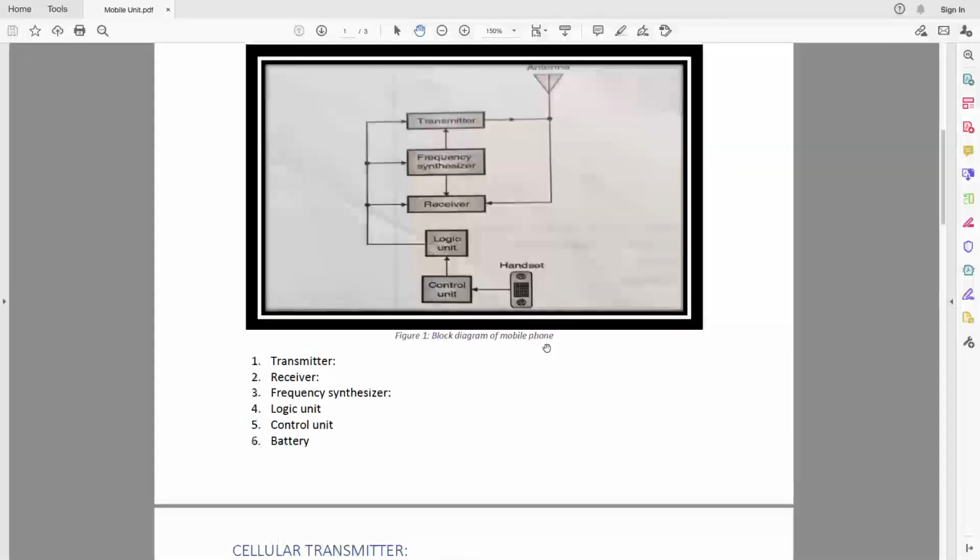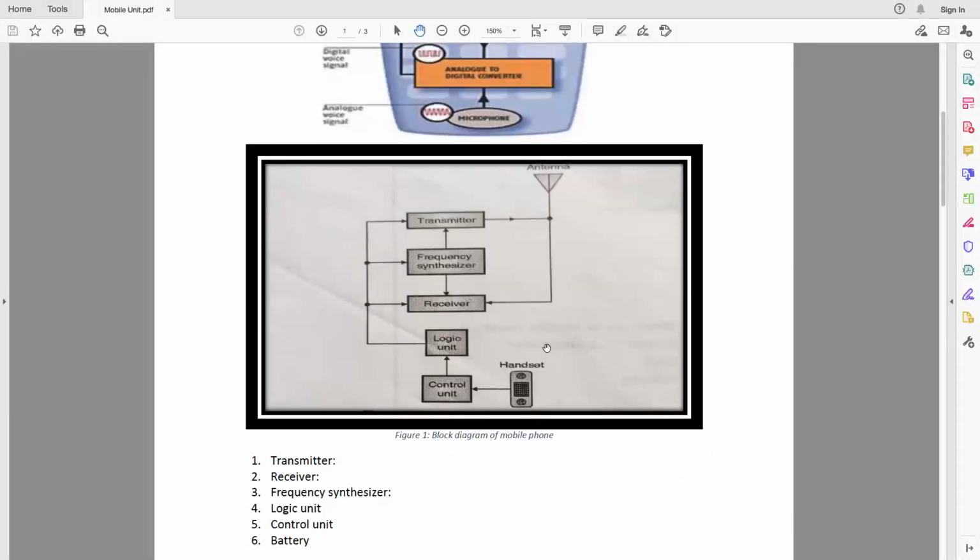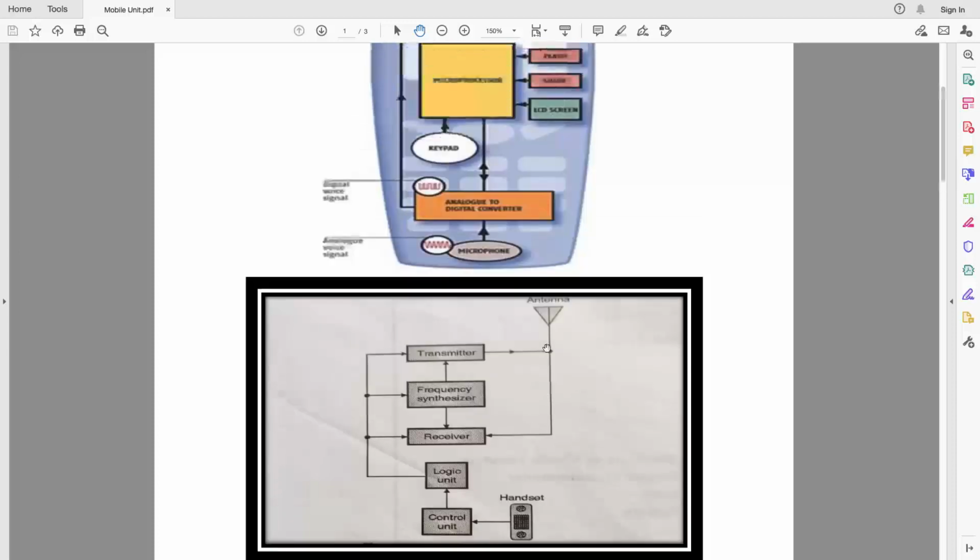One thing that I forgot to mention is that in a mobile only one antenna is present, and that antenna is shared by the transmitter and receiver. If the mobile has to transmit a signal, the same antenna is used, and if the mobile has to receive a signal, the same antenna is used.